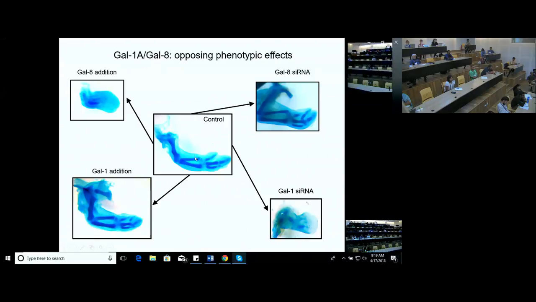This is a normal limb. This is the humerus, the radius ulna. Here are the digits. This is the control.